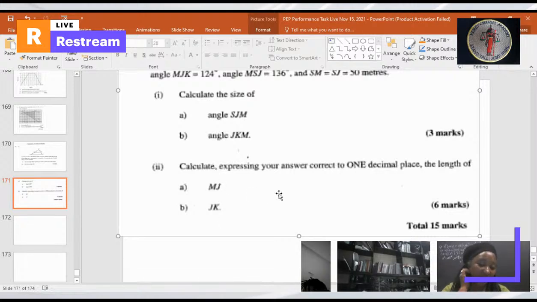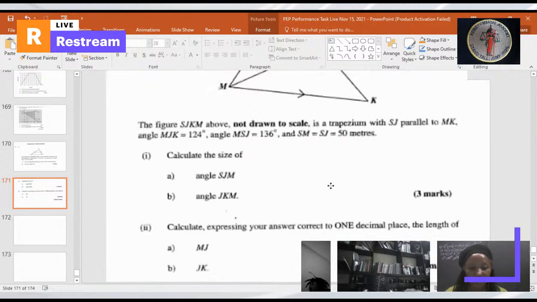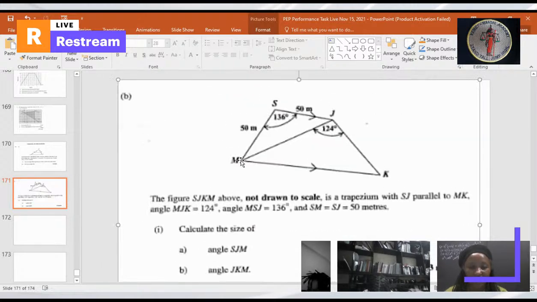It says calculate, expressing your answer correct to 1 decimal place, the length of MJ, and then B says the length of JK. So we're going to need to find MJ and then JK.